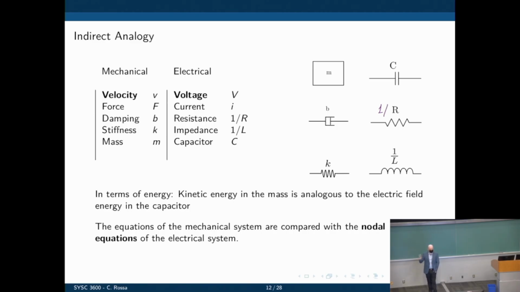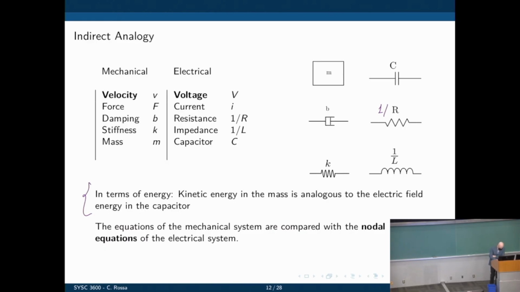And the inductance and the spring are equivalent. They are here to store energy, one in the form of potential energy and the other in the form of magnetic energy. And the underlying assumption is kinetic energy is analogous to the electrical field energy in the capacitor.